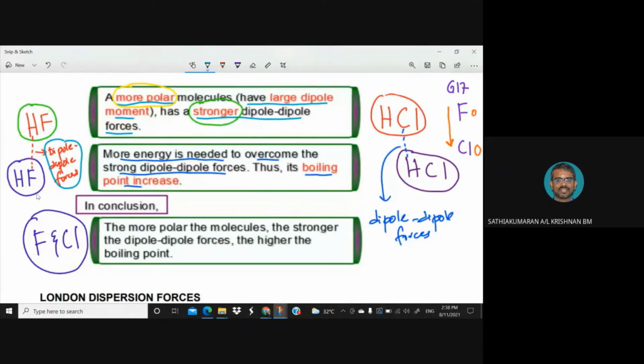No. You require more energy to overcome the strong dipole-dipole forces, so the boiling point will increase. So HF will have higher boiling point than HCl. That is the conclusion: the more polar the molecules, the stronger the dipole-dipole forces, the higher the boiling point.